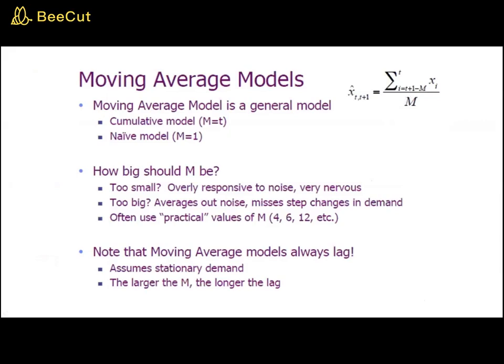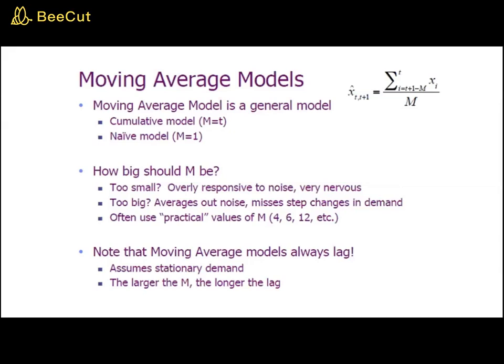And this is just the mathematical formula. Now the question is, should you use a 2 period moving average, 4 period, 6 period, 12 period? How big should M be? How many periods should you use?